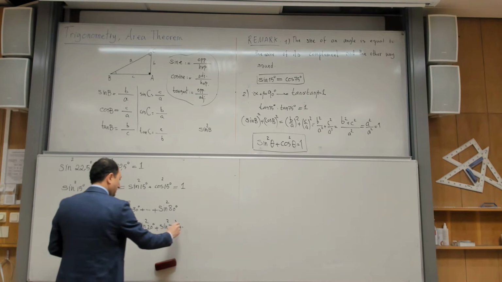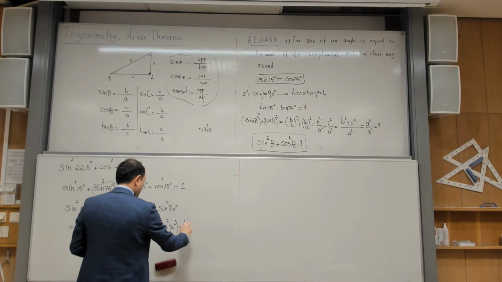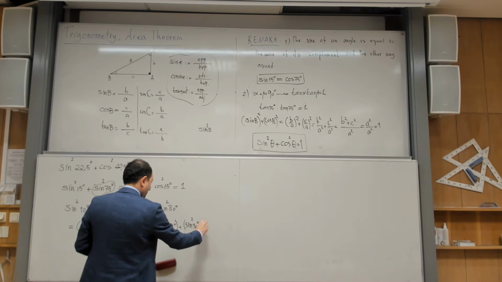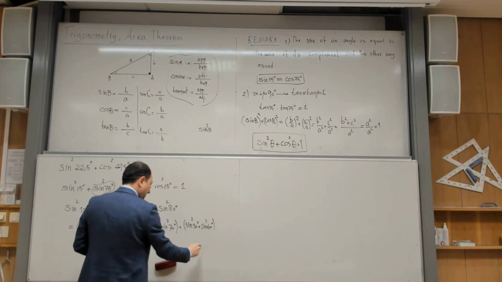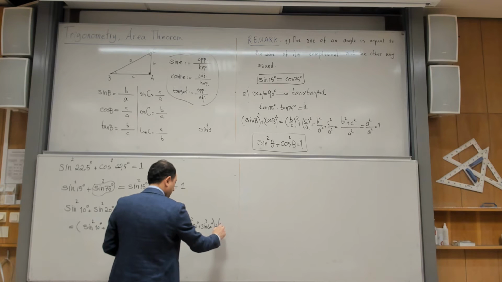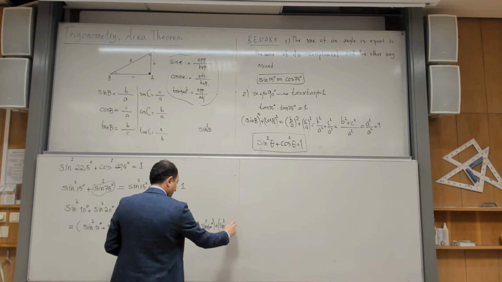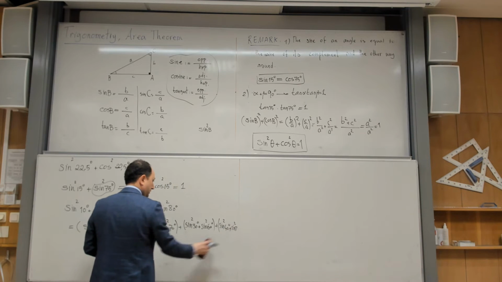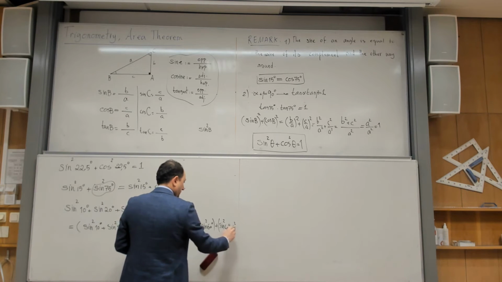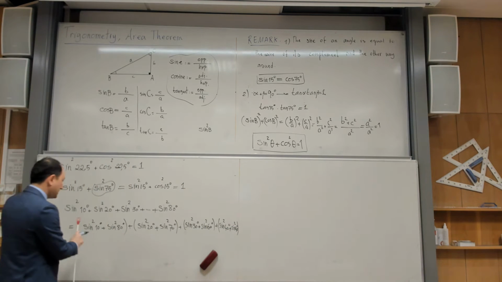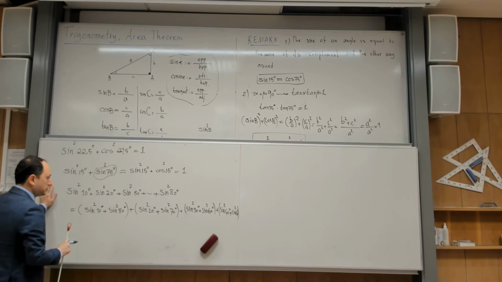So then, just one more term. Let me just write it. And then one more term. Oops, 50. Okay, but now, this is the first thing that you do if you want to answer this question.